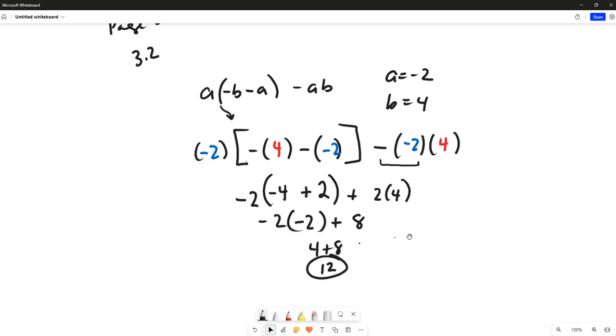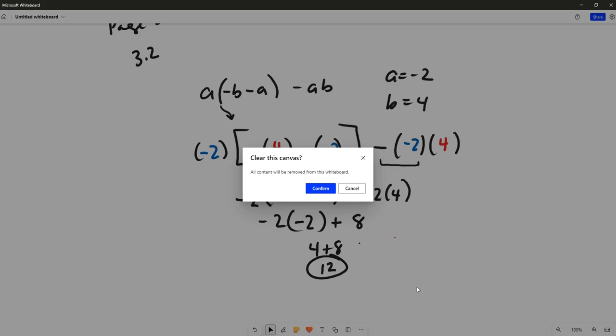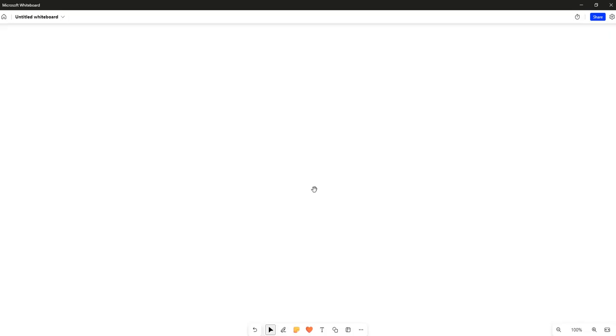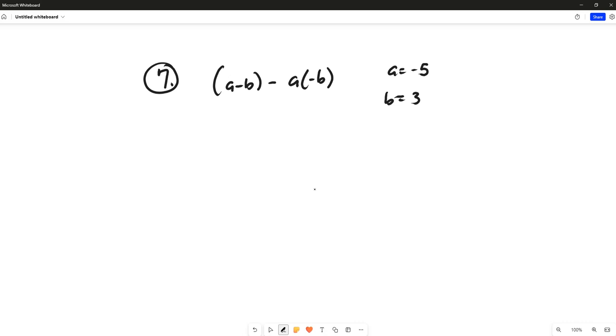All right, let's do another one. Let's do number 7 in the problem set. A minus B minus A times the opposite of B. We've got A equals a negative 5 and B equals 3.